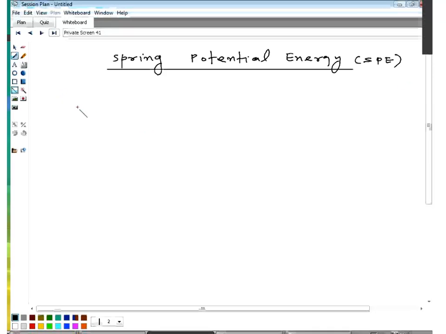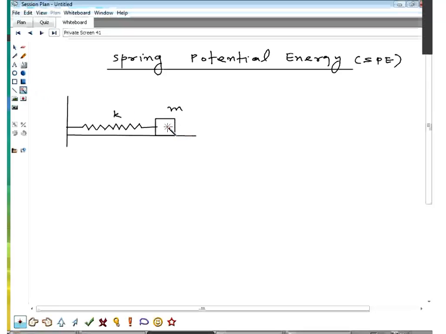Now, consider spring plus block system. Spring constant is K. Initially, let spring be having natural length. So, no compression, no elongation initially. Some external agent pulls it slowly.